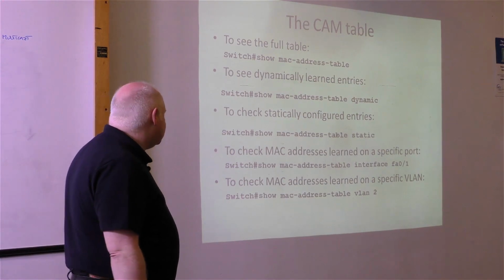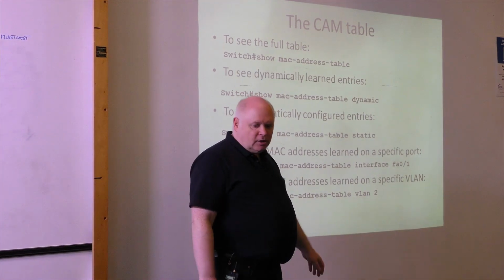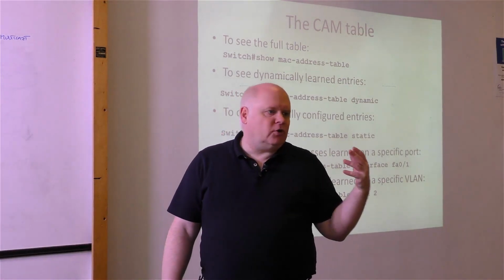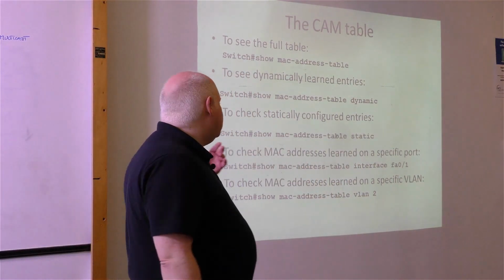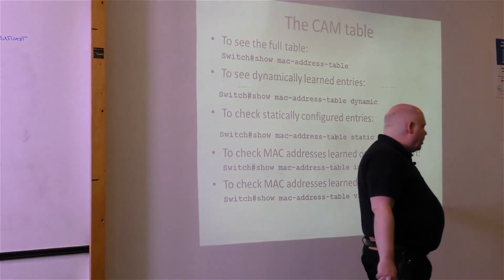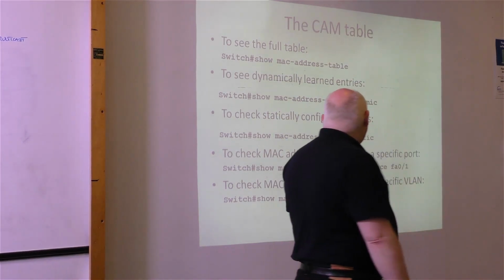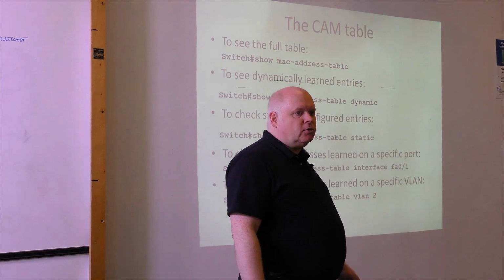And you can see which MAC addresses are available through a specific port. If you are only seeing one, it's probably an access port with a computer attached to it. If you're seeing hundreds, then you've probably got a trunk link there.